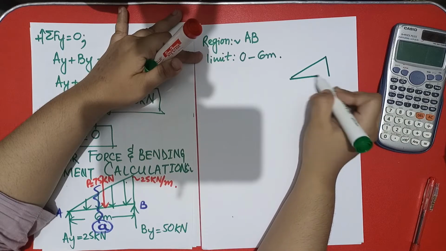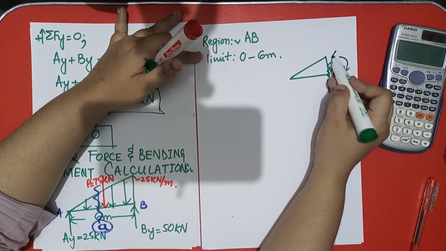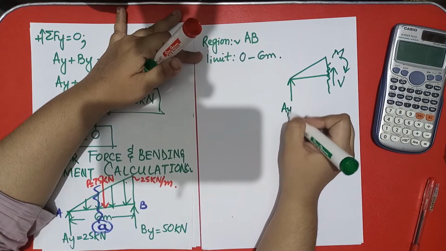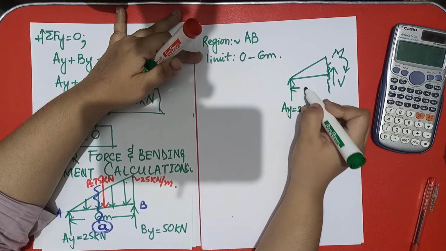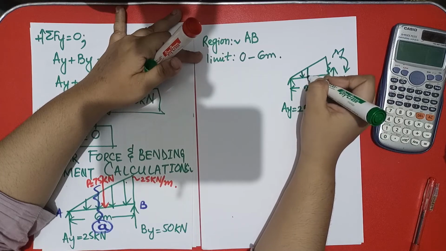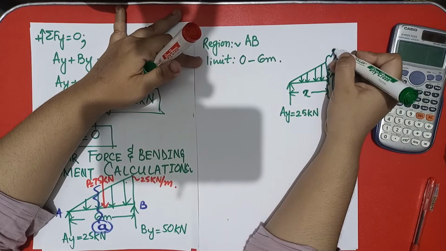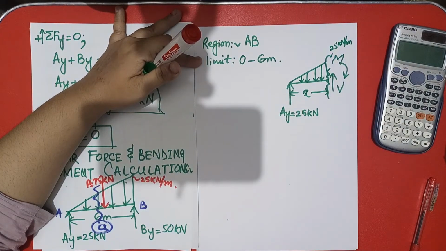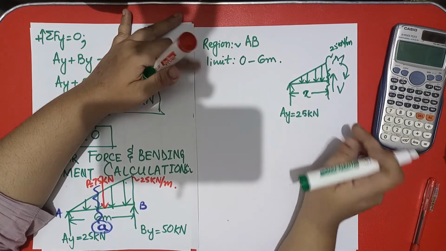For example, I have cut the section, and this is the case where I have to sum up the moment or shear force, and this is Ay, which equals 25 kilonewton. Keep in mind, this one is x, this is y, and you know very well this is 25 kilonewton per meter, but I don't know the value of x.